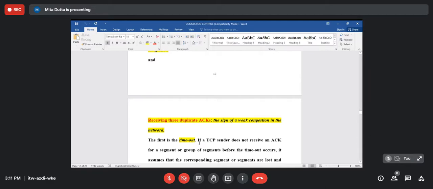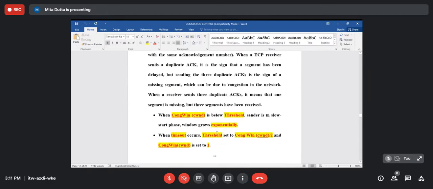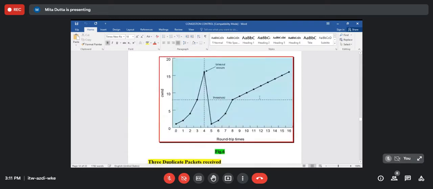Now, how we handle this situation has been shown here. Every mechanism starts with a slow start, so the congestion window is set to 1, and here this will be the SS thresh.